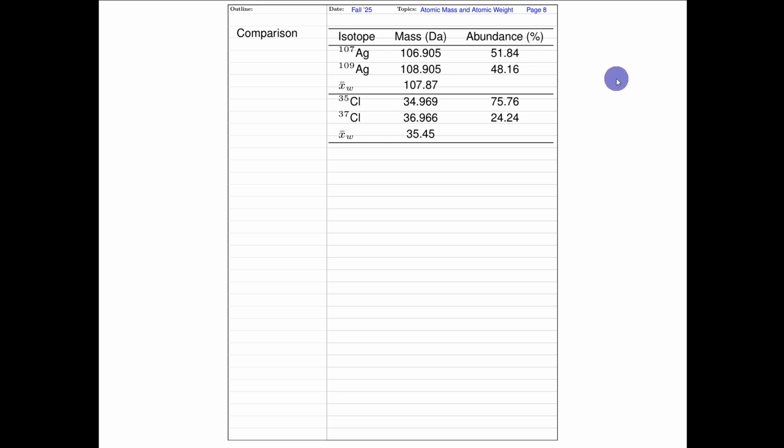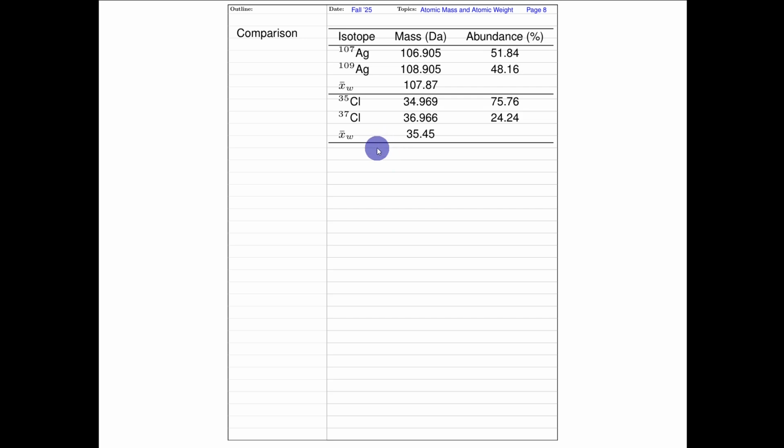It's also interesting to compare the results of the two examples we just went through. So we calculated the atomic mass of silver and chlorine. Now silver has two isotopes, and the masses of those two isotopes are pretty similar, and the percent abundance is pretty similar. You can see that in the weighted average, the result is essentially a numerical value in between these two isotopes, which makes sense.